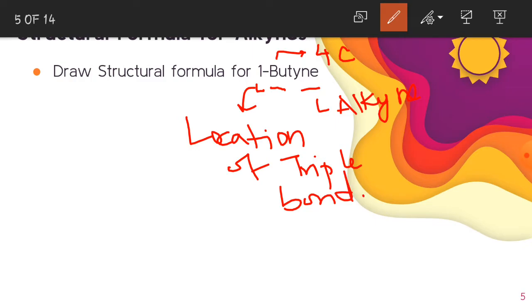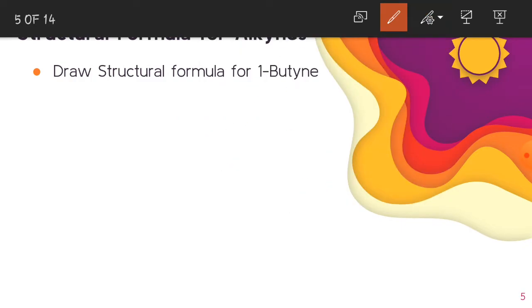So if you understand the IUPAC names of the organic compounds, then you may easily draw the structural formula for that compound. Now, since the stem but is used here, you will draw 4 carbon atoms in a row.